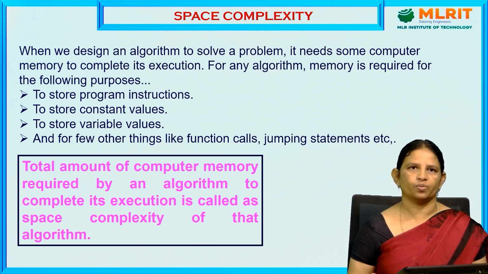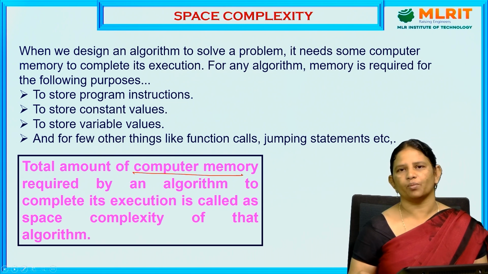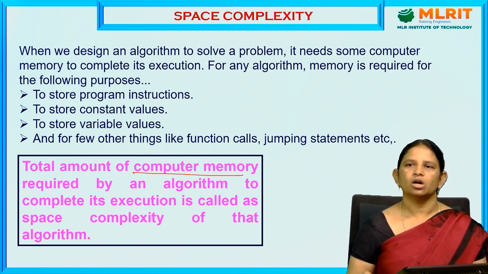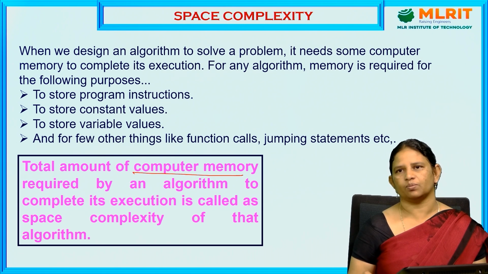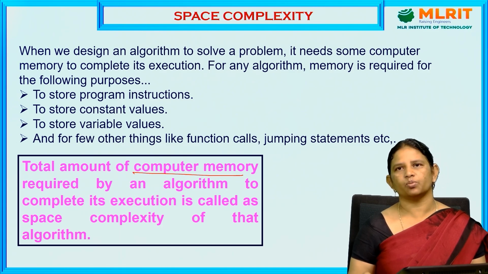What is the definition of space complexity? The total amount of computer memory that is required to execute a particular statement is called space complexity. If you want to execute any program, first you have to store some values into the memory. What variables are you going to take?